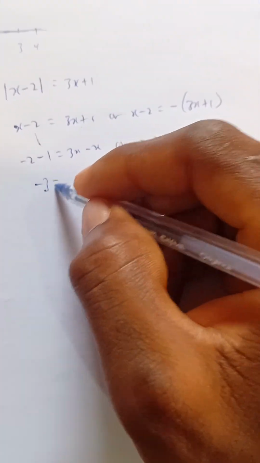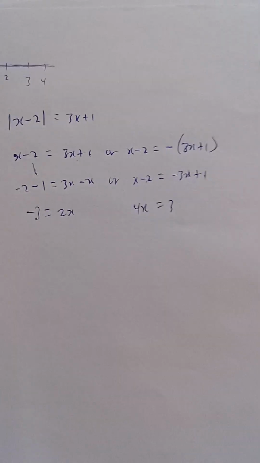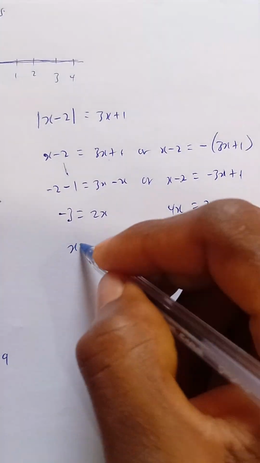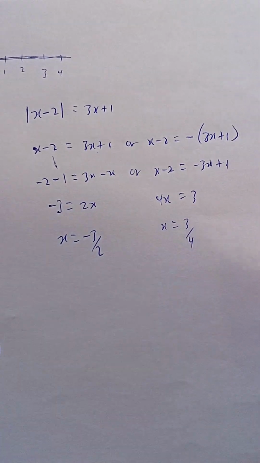So here we have -3 equals 2x. And here, bringing this 3x here, it becomes 4x. Sending it there, the -2 here becomes 3, since we'll add the 1. x equals -3 on 2, and here x equals 3 on 4.